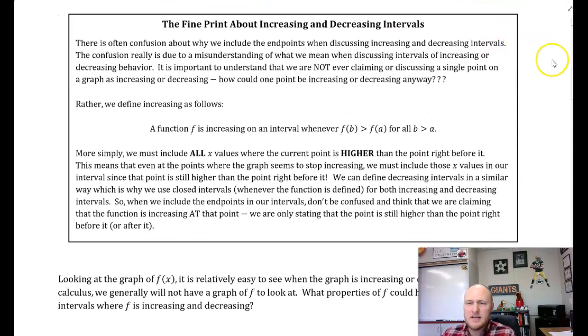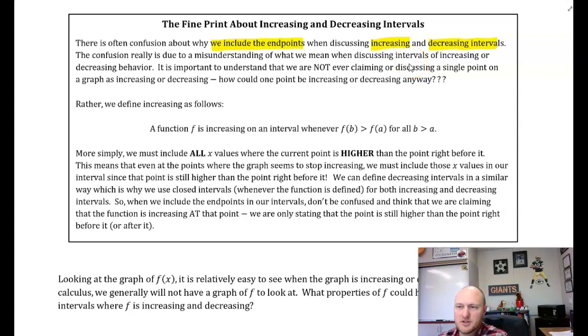Now, there is some controversy about increasing and decreasing intervals, but let's look at this idea. There is often confusion about why we include endpoints when discussing increasing and decreasing intervals. The confusion is due to a misunderstanding of what we mean when discussing intervals of increasing or decreasing behavior.